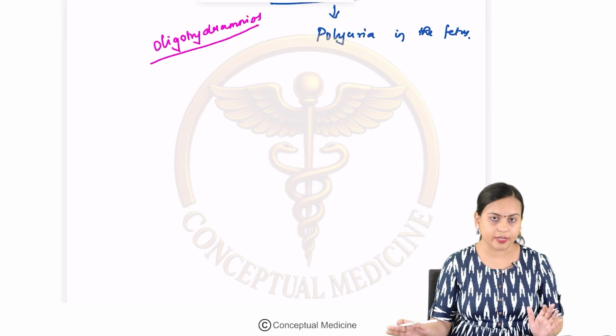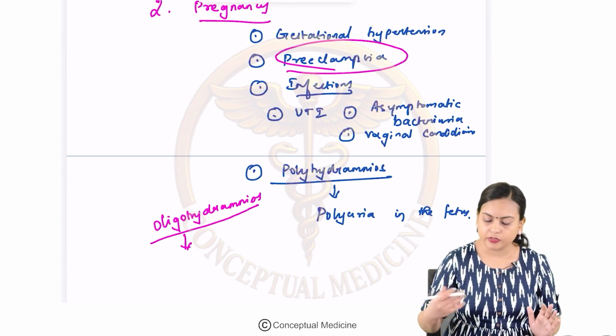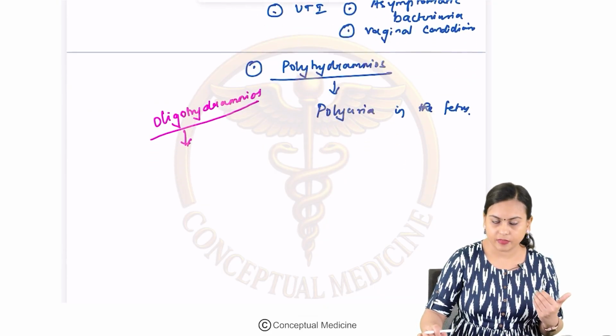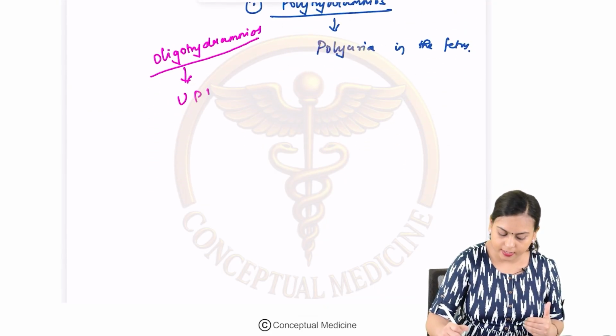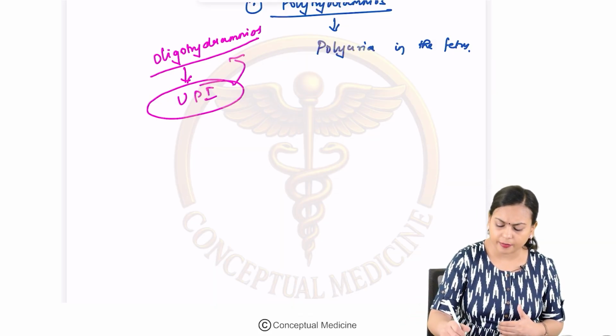Why? Because I already told you preeclampsia can occur. So, what is the cause of preeclampsia? It is uteroplacental insufficiency. So, that can result in oligohydramnios also.